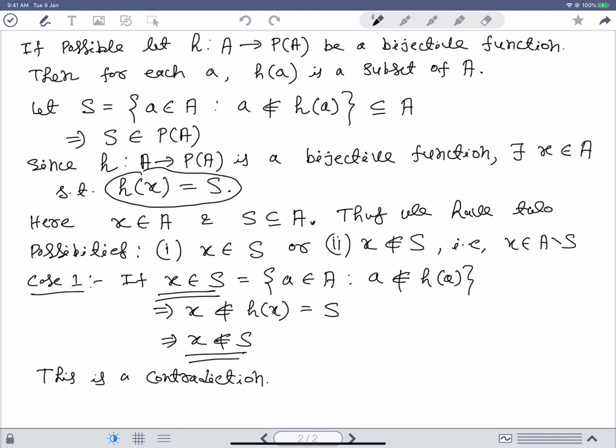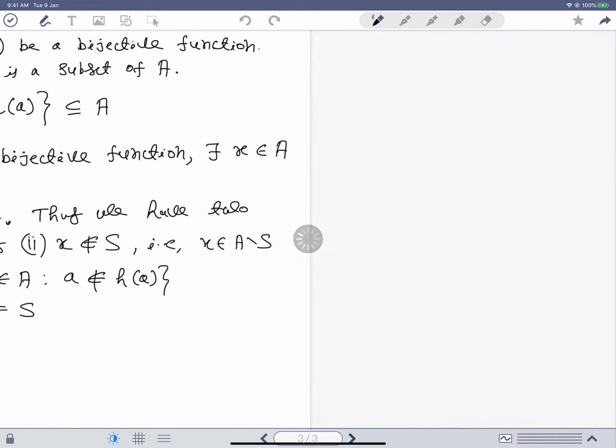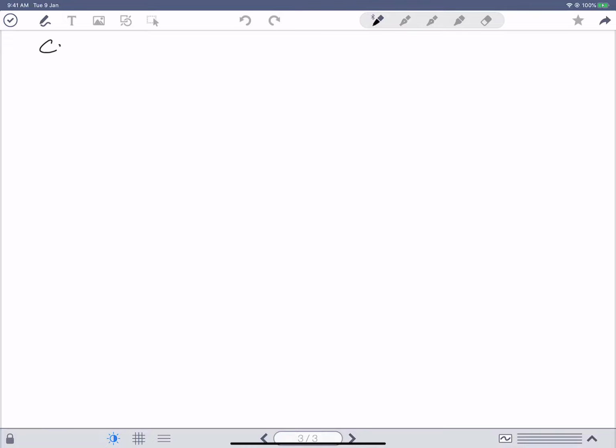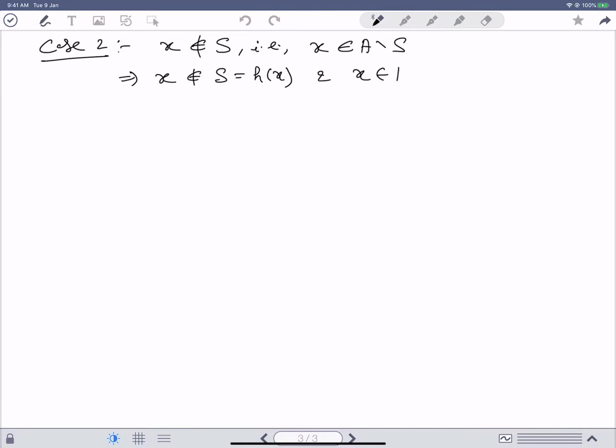Right? Now we can look at the second case. Here is my case 2: x not in S. That means x belongs to A minus S. Now what do you mean by x not in S? That means x does not belong to h(x), since S is just h(x), and also x belongs to A, right?